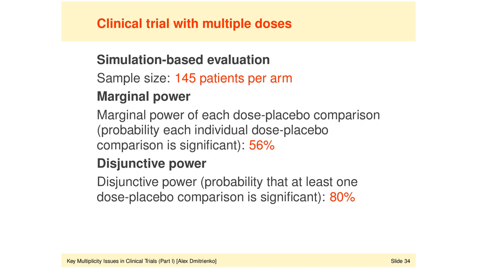The probability that each individual dose-placebo comparison will be significant is only 56%. That is because our ultimate objective here is to ensure that the overall probability of success based on disjunctive power is controlled, and with the simulation-based approach, disjunctive power is in fact exactly 80%.